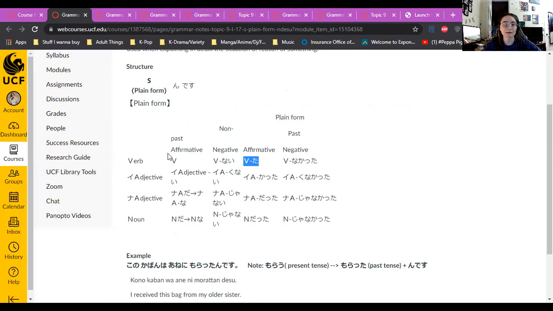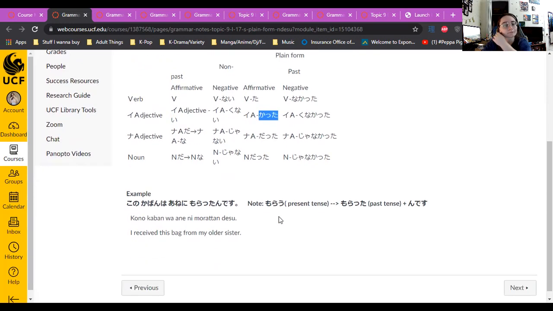These two columns, this one and this one going down, are the non-past, so present or future tense, and then these two columns are the past tense. So ta, nakatta. The adjective would be just the adjective, and then negative kunai, affirmative past katta, kunakatta, and so on and so forth.